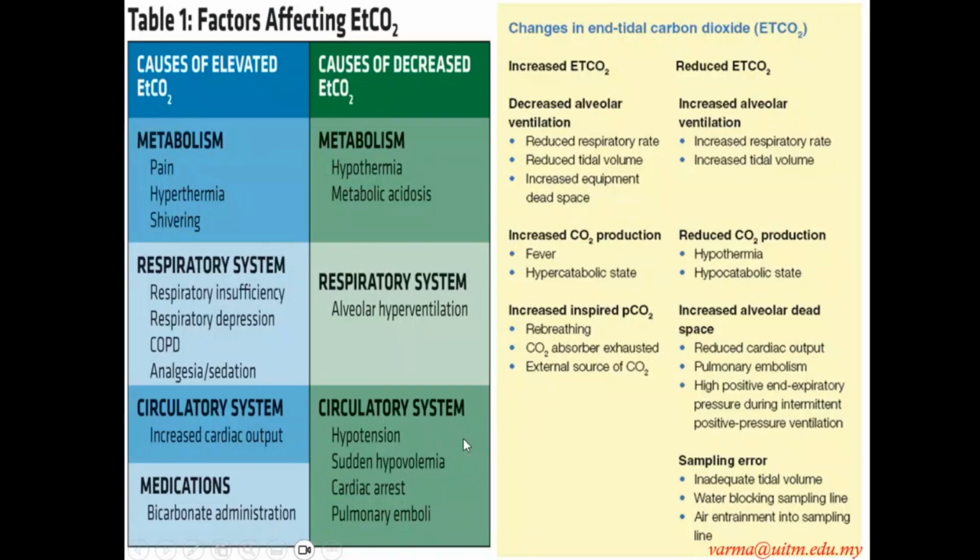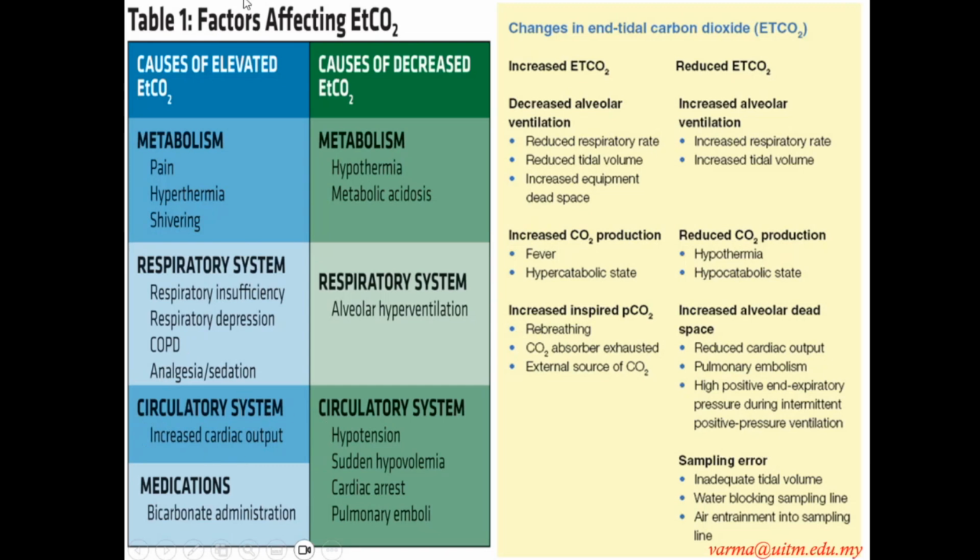So the factors affecting EtCO2, you must know. It can come out in MCQ. Carbon dioxide is a product of metabolism. It is eliminated by the respiratory system, and for it to reach the respiratory system, the circulatory system must work.